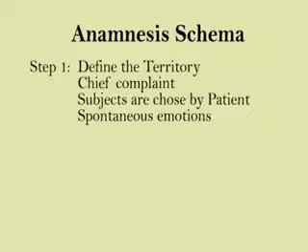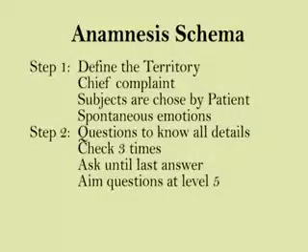So the first step is what I call defining the territory. What are we going to talk about? And this is exclusively determined by the patient. That's where we follow the patient. Then the second step is what I call more of the same. We question the patient about all the topics that he spontaneously came up with in the first part.